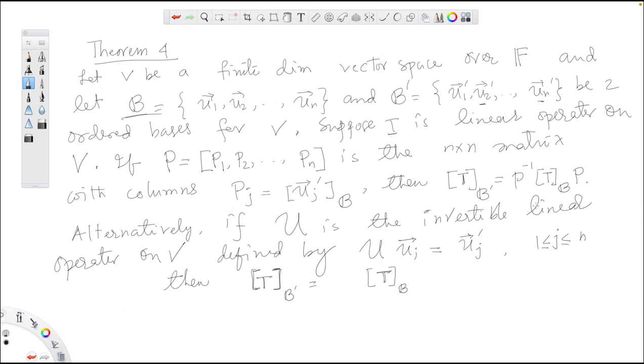But now these P's are nothing but matrix representations of this invertible linear operator U.